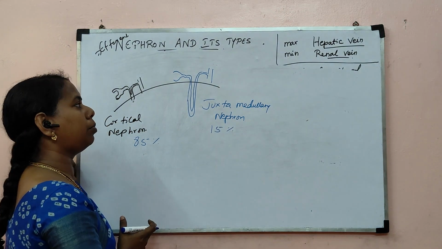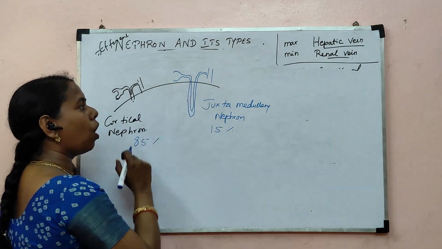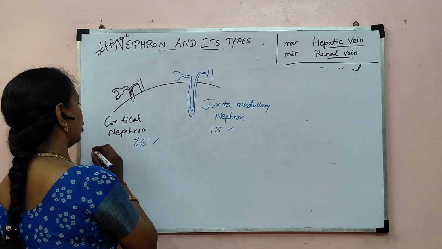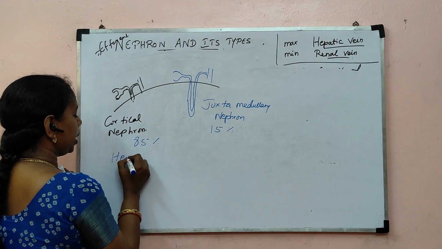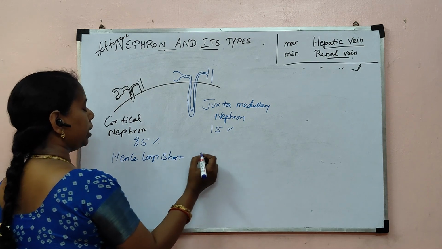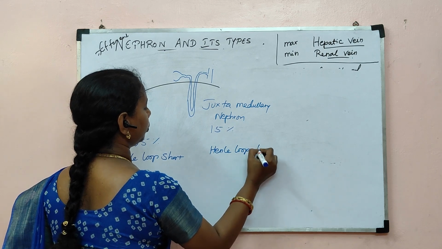Especially in birds and mammals we could find this nephron, where Henle's loop is very long and protrudes into the medullary region. This is one difference. Here the Henle's loop is short, and here the Henle's loop is long.